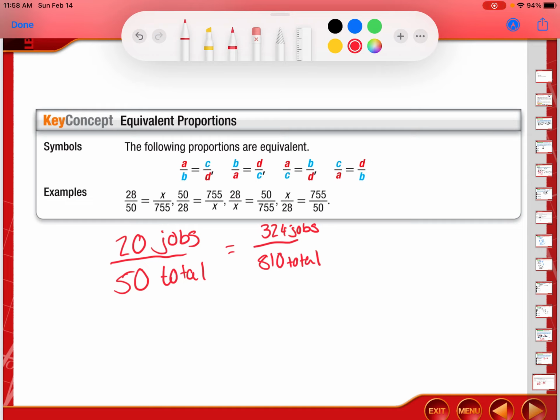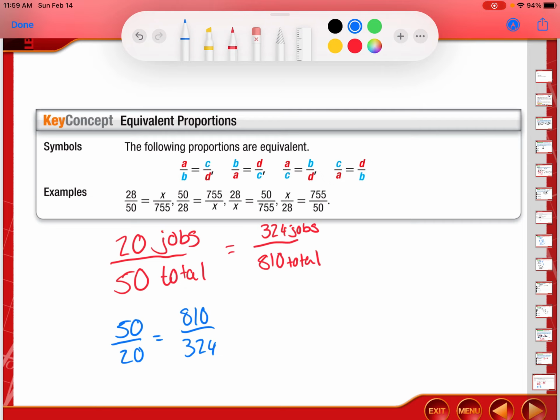Now, what equivalent proportions is essentially saying is that as long as we keep things in the relative position, so if we changed it and we said 50 over 20 equals 810 over 324, then that would still be fine. It would still equal out.